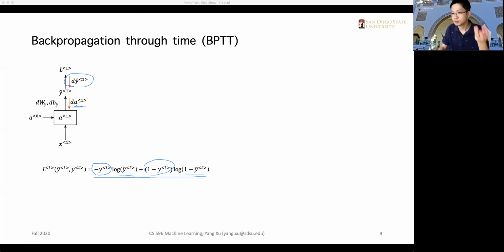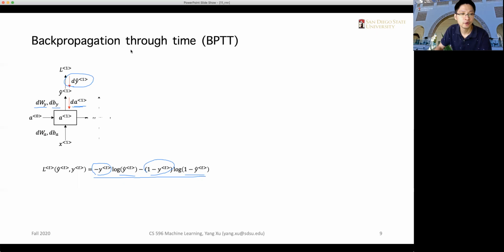So this is done through regular backprop. We can simply compute the gradients using the formula for the regular back propagation algorithm, and also the gradients for the parameters, the weight matrix and the biases, can be computed using backprop. Okay, so that is the first time step.